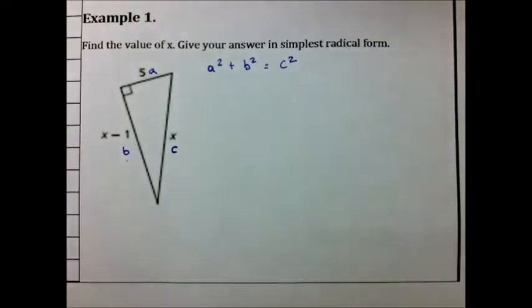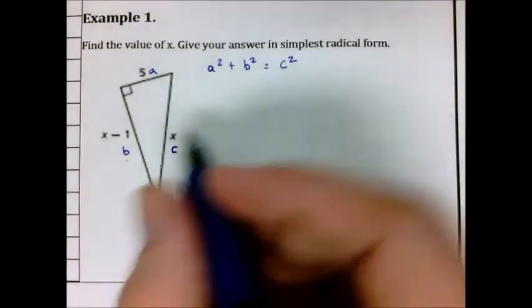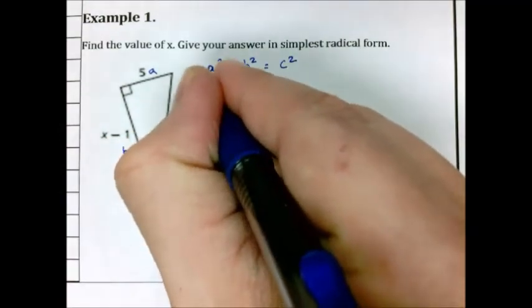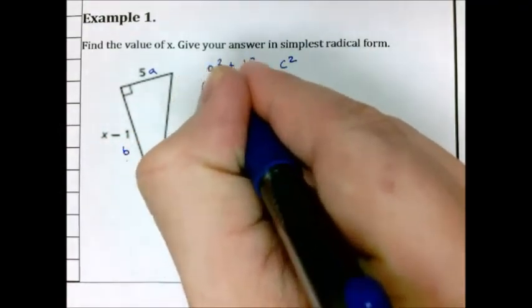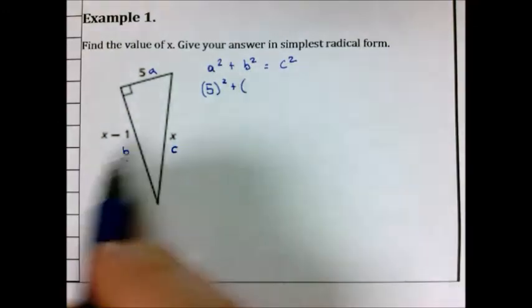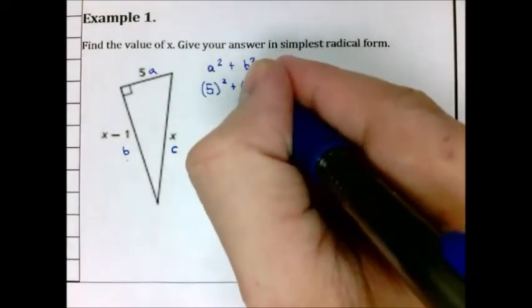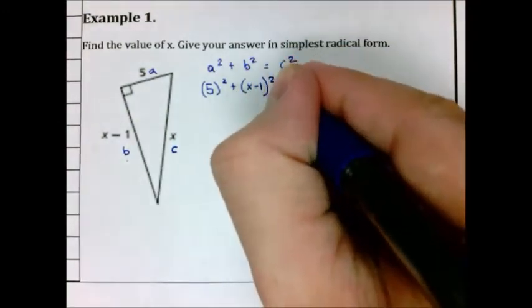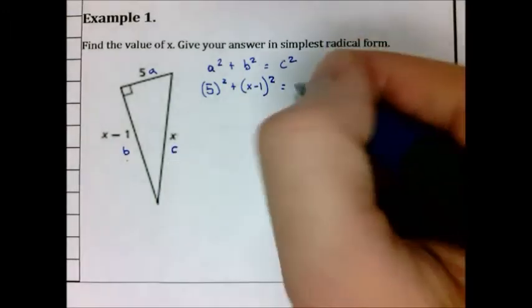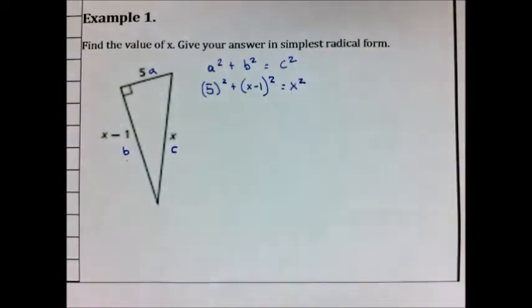Let's plug those numbers in. We substitute 5 in for a, so we have 5 squared, plus b, which is x minus 1, squared, is going to equal c, which is just x squared. Our job then is to find the value of x.